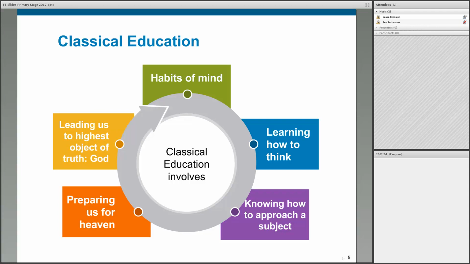So you cultivate various habits of mind that are specific to classical education. And they are built into the program. So you're going to cultivate a habit of looking at a whole, of thinking of beginning, middle, and end, of paying attention to details. You're going to cultivate habits of noticing the premises and conclusion in an argument, even when they're kind of buried in other words.